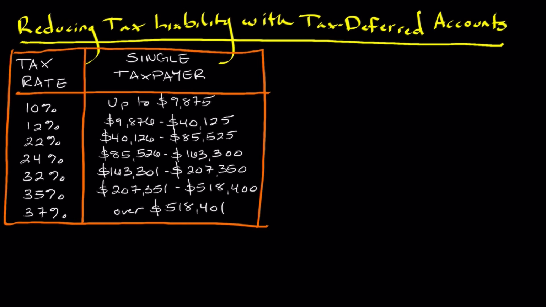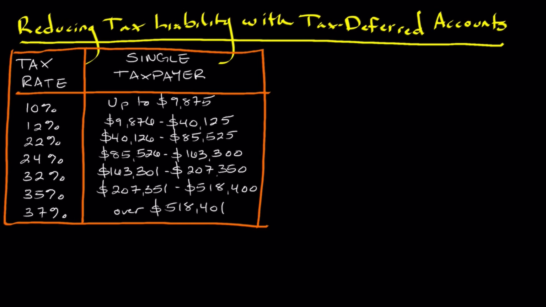So let's first look at our tax liability. In order for me to be able to convey to you the tax savings associated with making a deposit into a 401k, we need a baseline. And that baseline is going to be what we would pay had we not contributed into a tax deferred account like a 401k. So for starters, let's go ahead and calculate our tax liability.